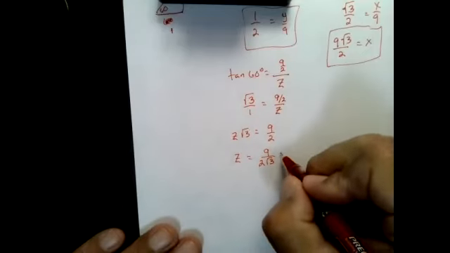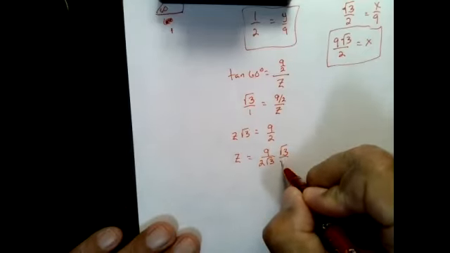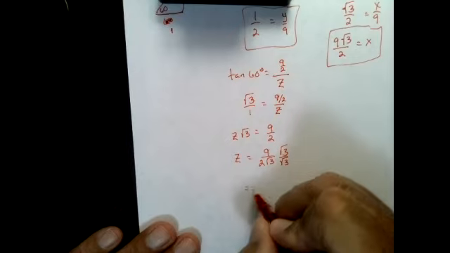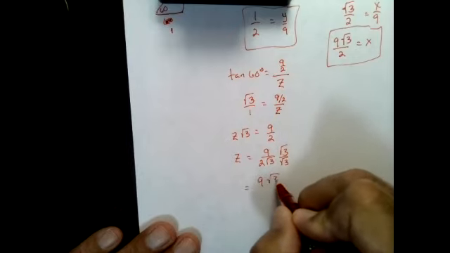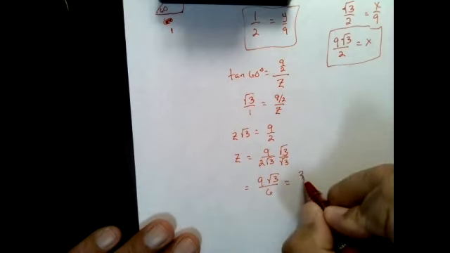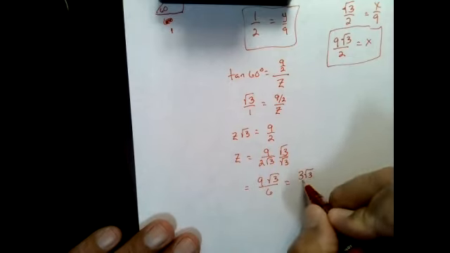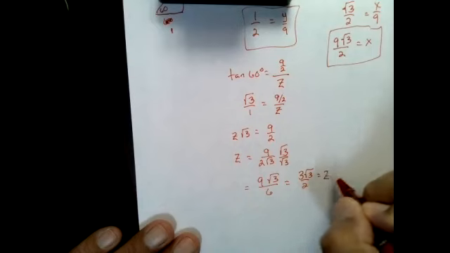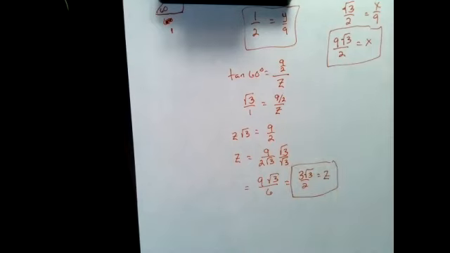Square root of 3 over the square root of 3, equals 9 square root of 3 over 6, which is 3 square root of 3 over 2. So I found z. You found it? Was it lost? No, it wasn't lost. I calculated z.